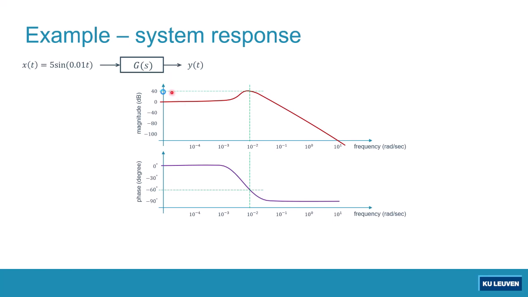Okay, if I look at this, I can roughly estimate that the magnitude at that particular frequency, 0.01 radian per second, is equal to 40 dB. 40 dB in decibel scale corresponds to 100 in linear scale, right? 20 log of the magnitude is equal to 40, okay?